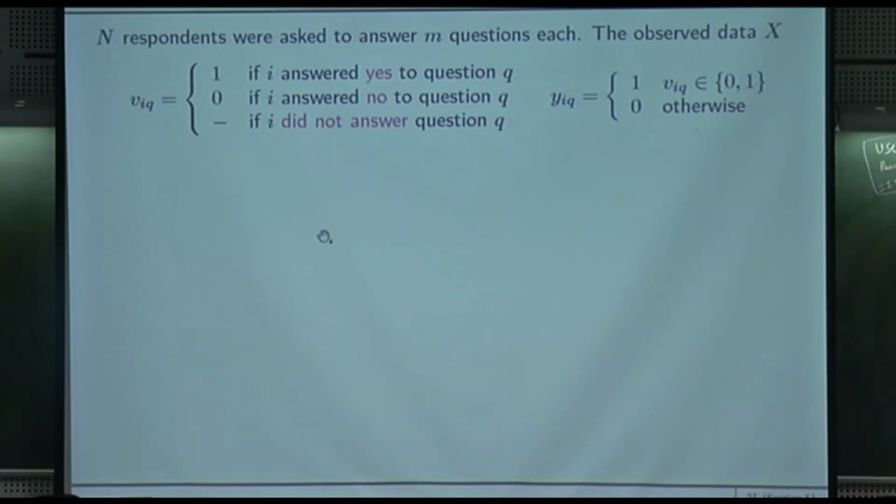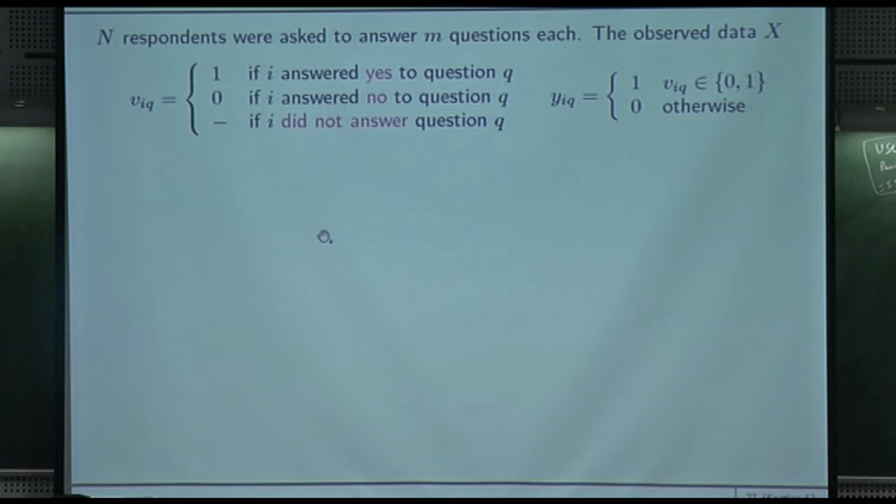Here, many times you take surveys and we want to be able to figure out from there whether the n respondents were asked to answer m questions. The observed data was x. V_iq was equal to 1 if I answered yes to a question q, 0 if I answered no to a question q, and nothing if I did not answer q.